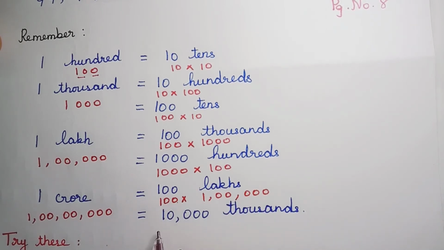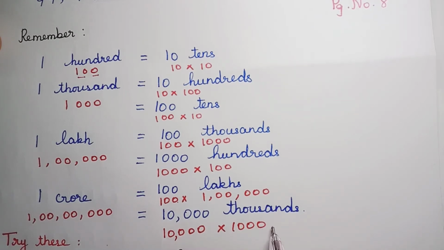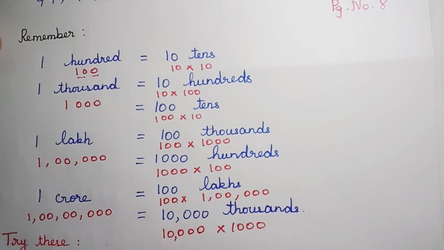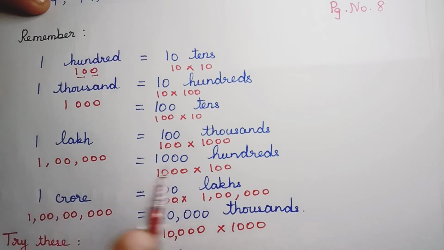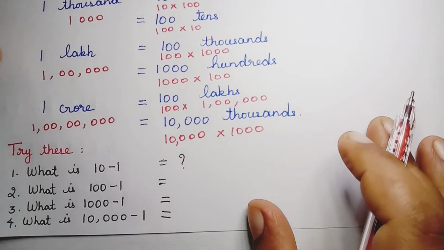So balance the zeros. This is 10,000 times thousands. Here count the number of zeros: 4, 5, 6, 7. So this is getting tallied. Learn this also. Just don't mug up. Try to equate the zeros. Can you try this?